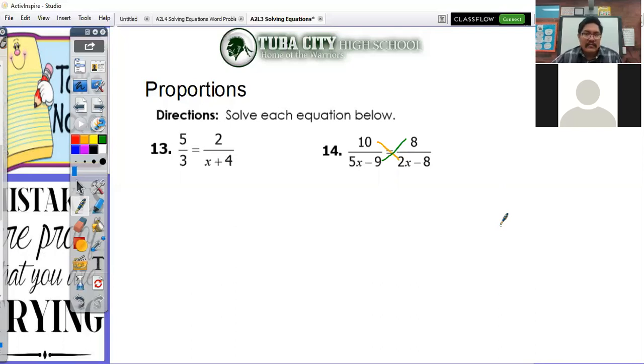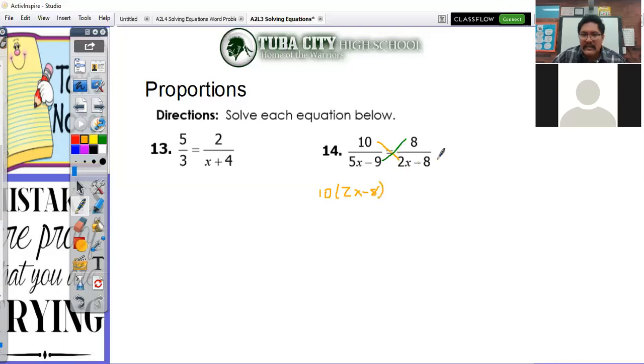But in cross multiply, you are multiplying across the equal sign. So this top number times that bottom number, and this bottom number times that top number. So I drew colored lines so you can easily see which one we are looking at. So I'm going to go ahead and do this one here. So 10 times, now because it's grouped, remember fraction bars are grouping symbols.